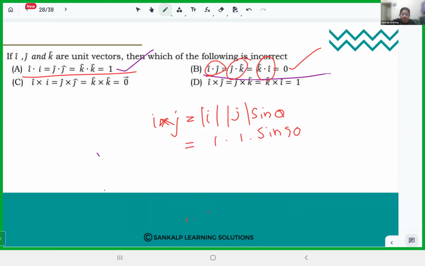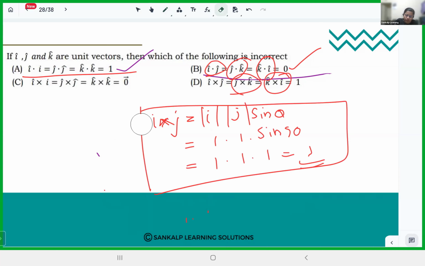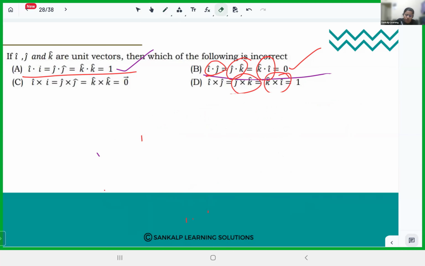What is sine 90? It is 1. So this is equal to 1 into 1 into 1, that is equal to 1. Similarly, we can prove it for jk and ki also and we will get the same result. So option D is also right.